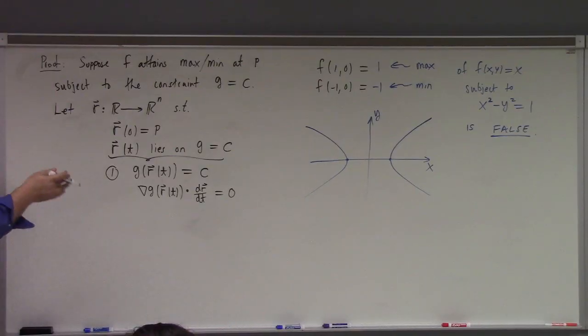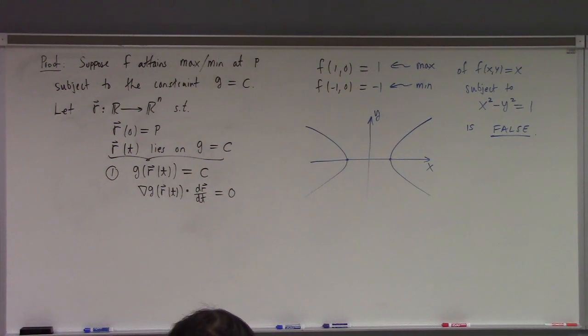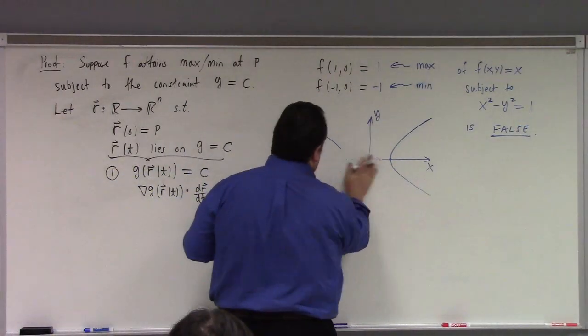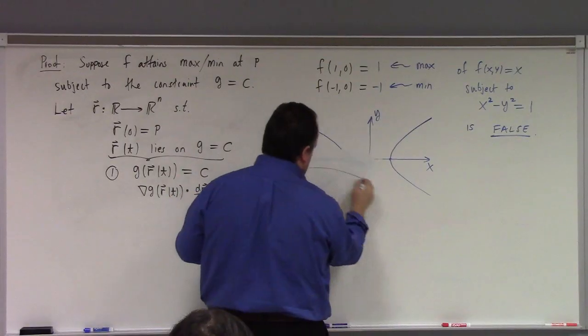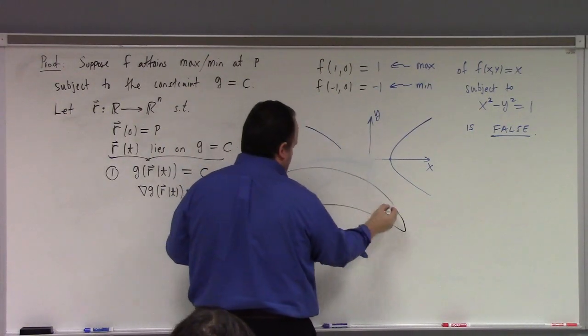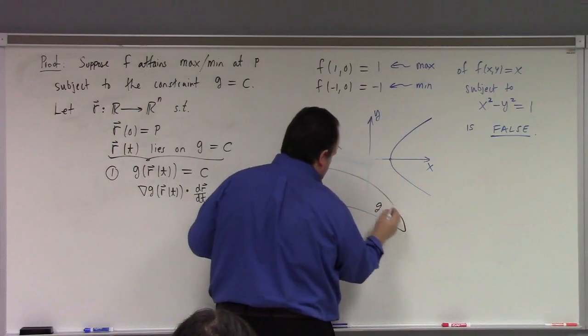Now, that's true for the whole path, right? If the path lies on this surface, then surely the tangent vector to the path has to be perpendicular to the normal to the surface everywhere the path goes. It's not surprising. Here's the three-dimensional picture. This is my G equals a constant surface.